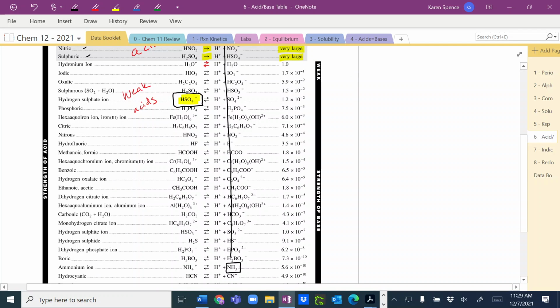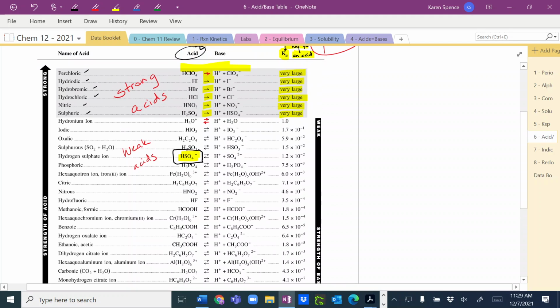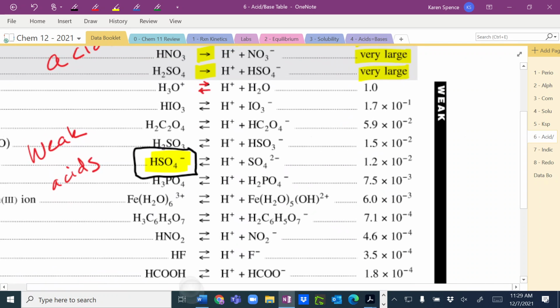Now, can you find HSO4 minus anywhere else on this chart? Have your data booklet out or your pink sheet, page 6. See if you can find HSO4 anywhere else.